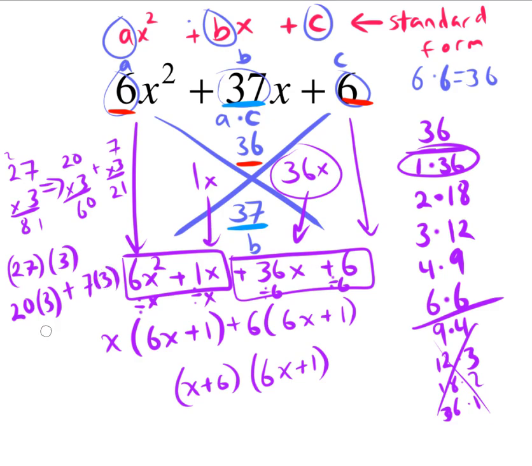Now I hope at this point you're starting to see the connection that you used to do, right? It didn't look like this probably when you did it, but that's what you were doing. This right here, where my 20 and my 7, instead of 20 and 7, I now have x and 6, which I combine to make x plus 6.